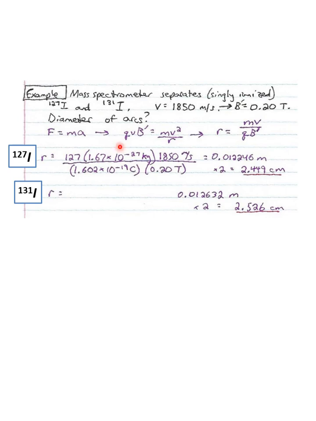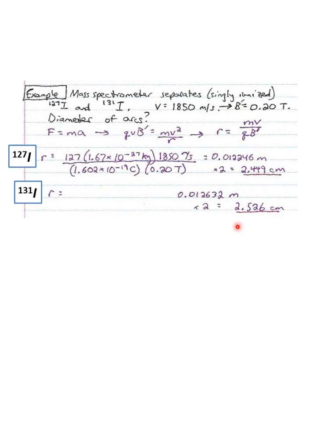I was thinking the mass of a proton, but it'll be close enough. Then we plug all those in and we get 0.0122 meters, but that's the radius. Let's double that. We get 2.449 centimeters. For iodine 131, we do the same thing and we get 2.526 centimeters.